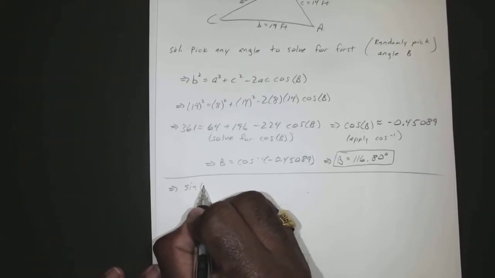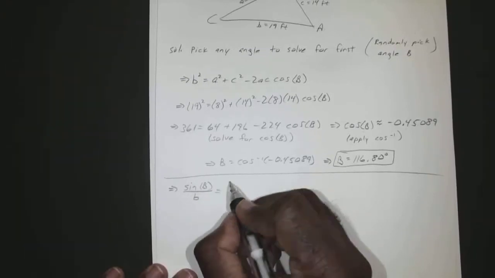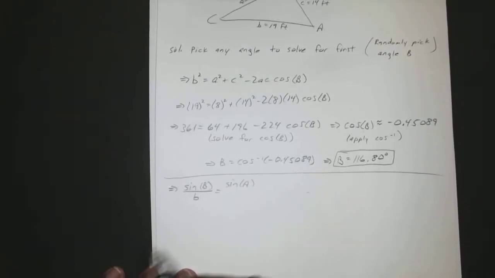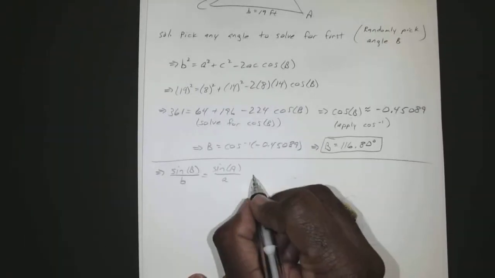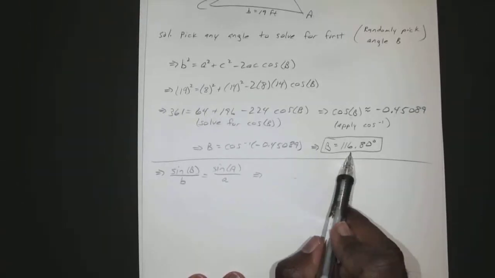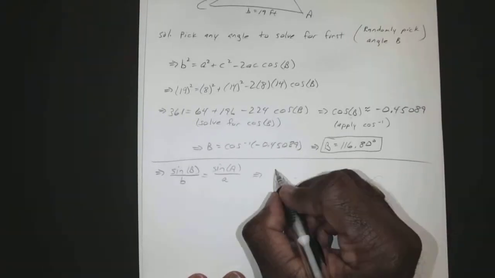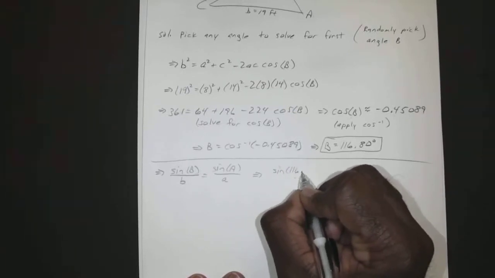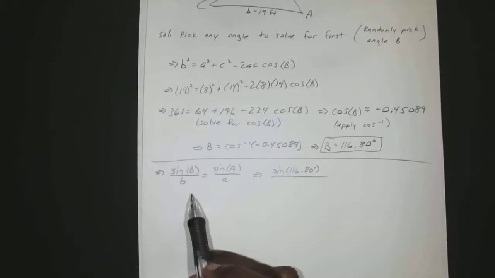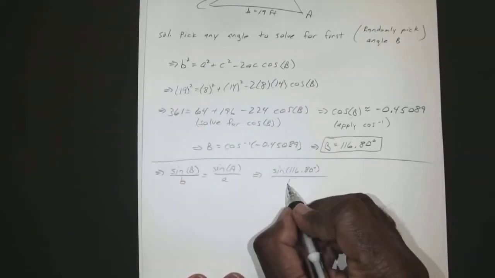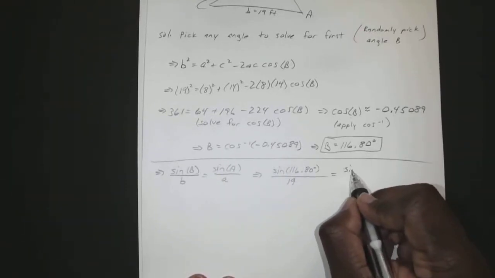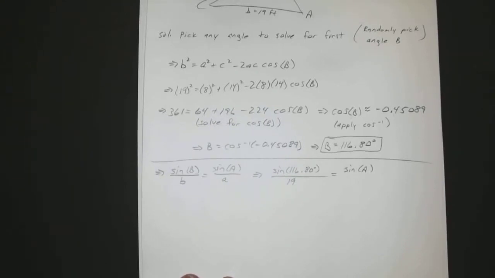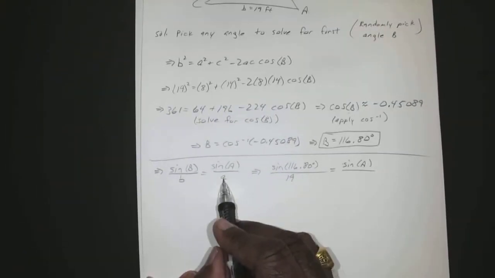Okay, so we have sine of B over side B is equal to sine of angle A over side A. So that means you have sine of B, which is sine of 116.80 degrees, over side B, which is 19, equals sine of A, which we don't know, so we just leave it as sine of A, over side A, which is 8.